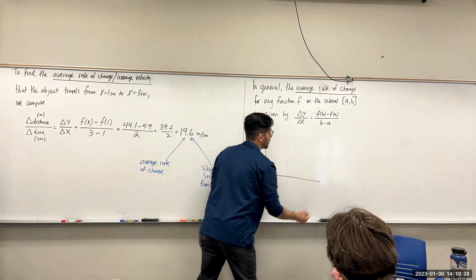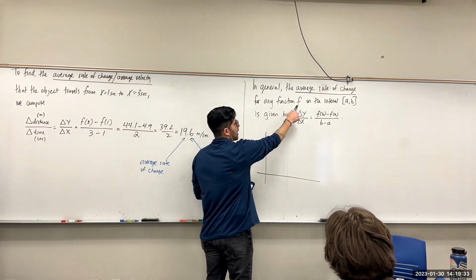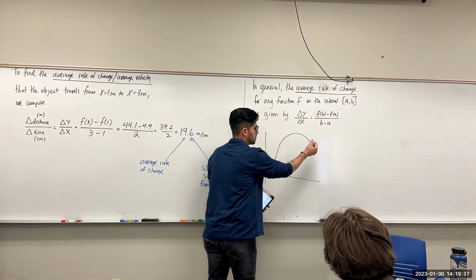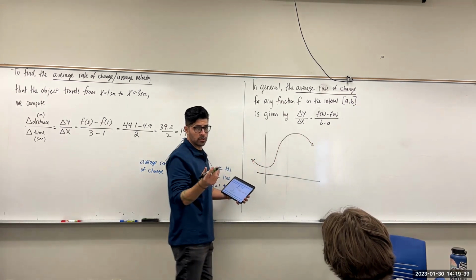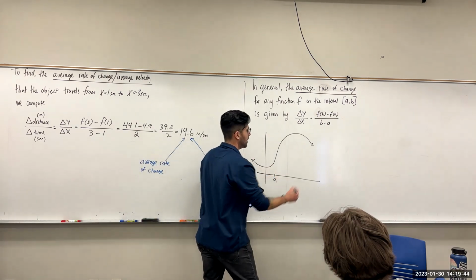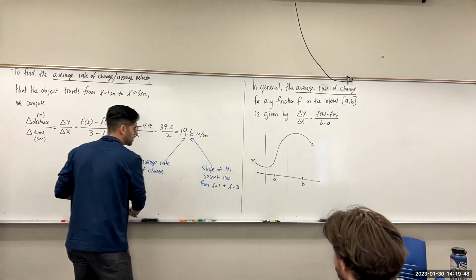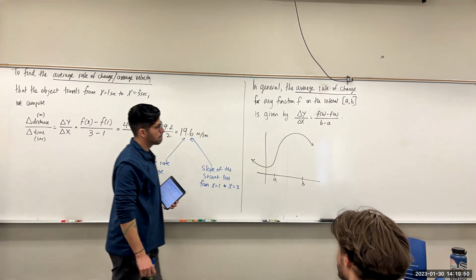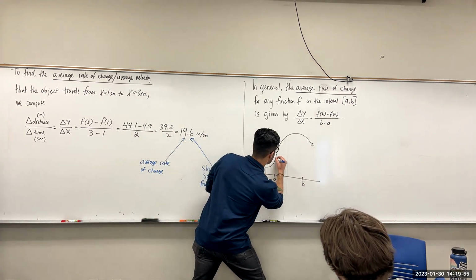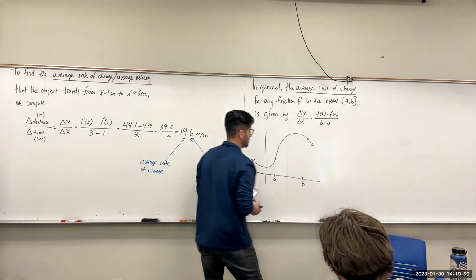And the graphical connection that that rate has is that your graph could look however you want it to look. It could be all kinds of weird curves. It could be a piecewise function. But if x equals a here, and let's say b over here, you plug a into f, and you get a point. You plug b into f, and you get another point.